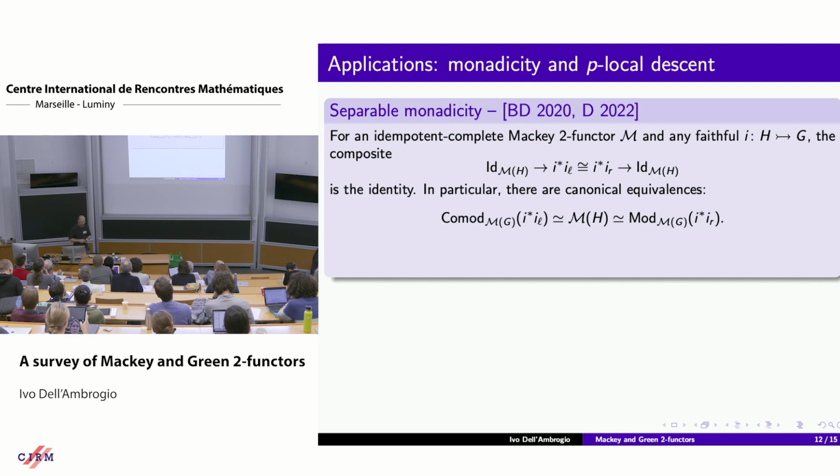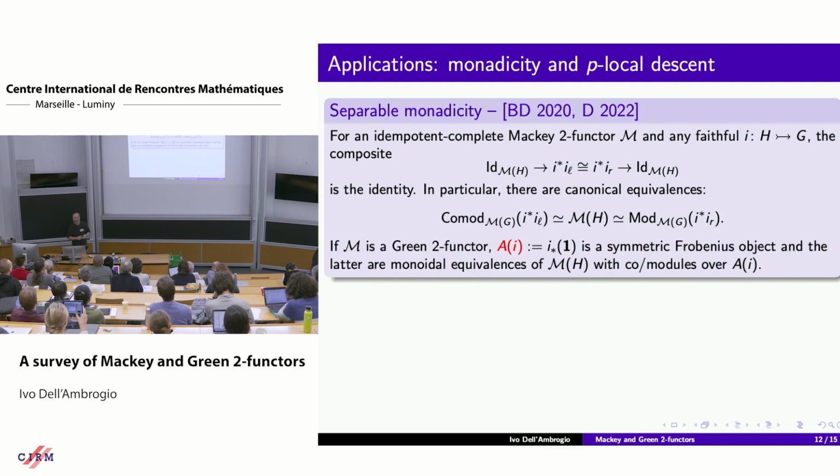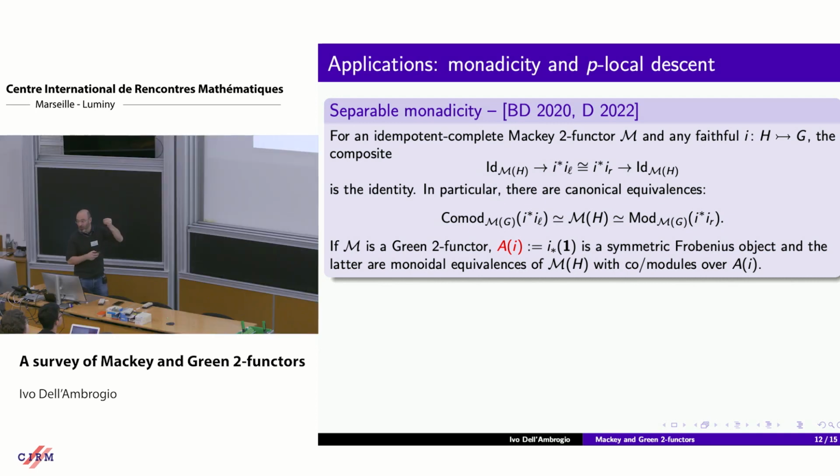Yes, I can even tell you better with the next bit of the theorem because it uses the monoidal structure. In this case, if M is a green two functor, like the abelian category of linear representations, as you want to know about, well, there is an object which I call A of I, which is basically you take the tensor unit in M of H, and you induce it up.